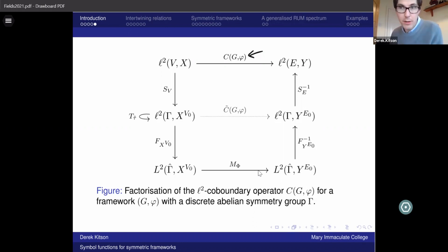There could be other contexts where this will be useful. So this is called a co-boundary operator in our paper, C for co-boundary. The only reason for the title co-boundary is that it's mapping from a space involving a set of vertices, you can see a vertex set in here, into a space that involves some set of edges, and you can see a set of edges over that side.